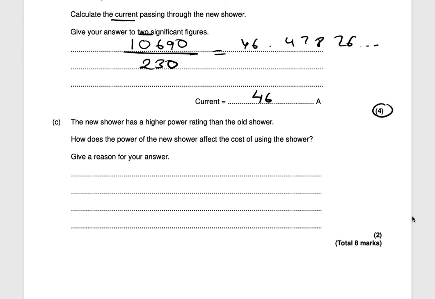Final question: the new shower has a higher power rating than the old shower. How does the power of the new shower affect the cost of using the shower? So because it's a new shower, it has a higher power rating. That means that more energy is being used per second. So what's it going to do?